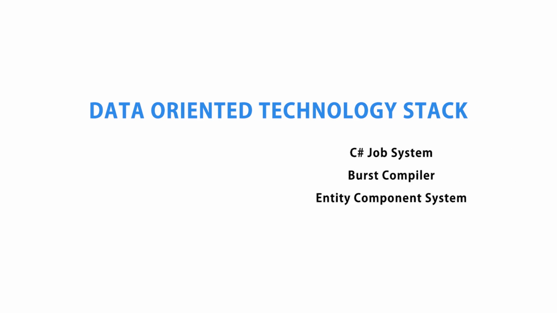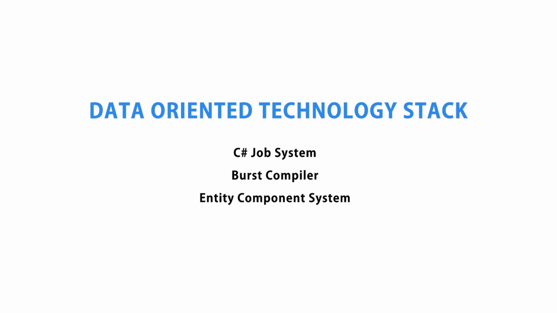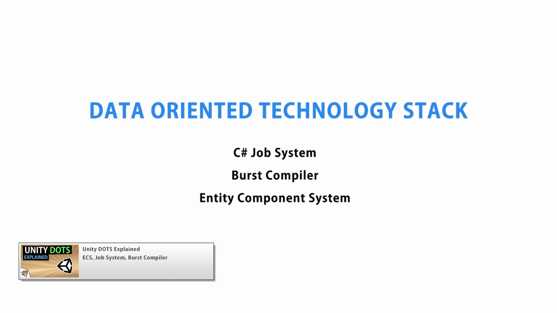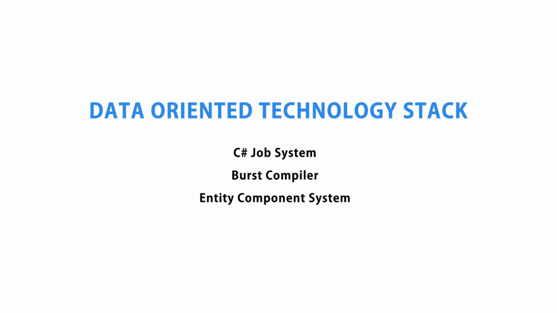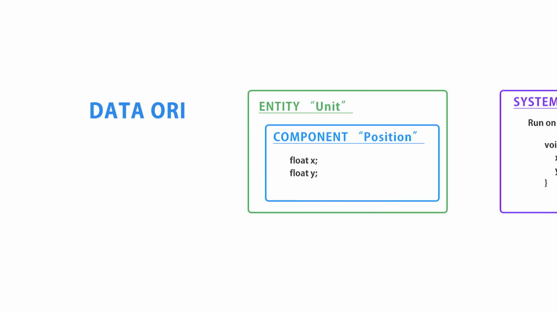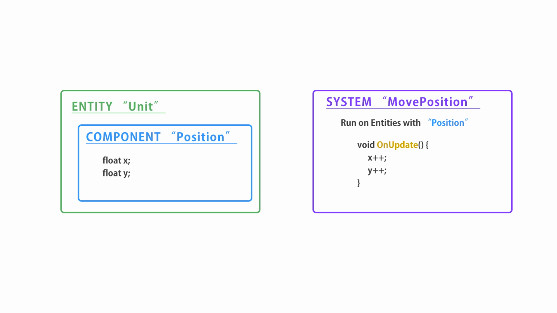Okay, so first of all, ECS is one of the pillars of the new Unity DOTS tech stack. If you want to learn more about DOTS, check the link in the description for the video where I go over what it is, how it works, and what the benefits are. Essentially, DOTS is composed of the C# Job System, the Burst compiler, and the Entity Component System. The main difference when writing ECS code is switching from an object-oriented design into a data-oriented design.